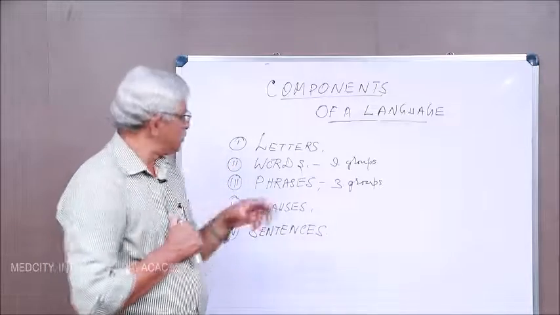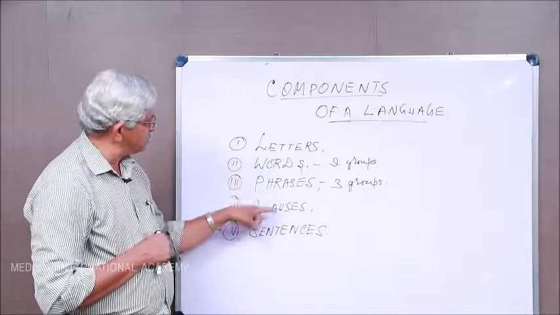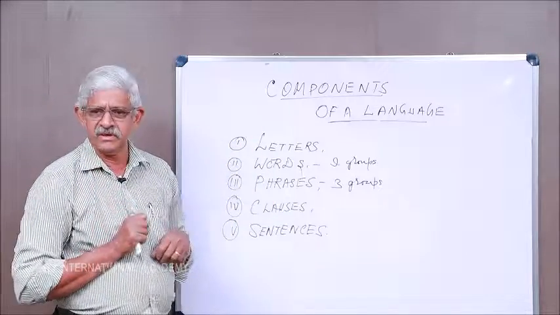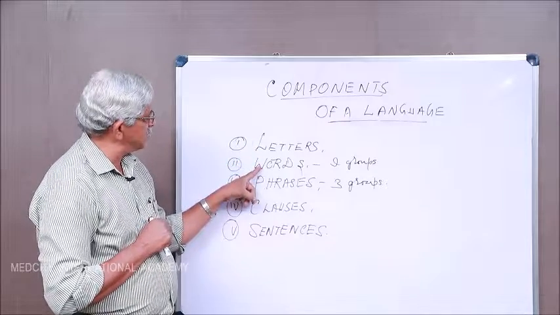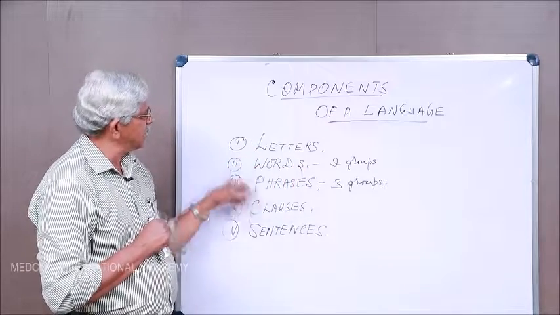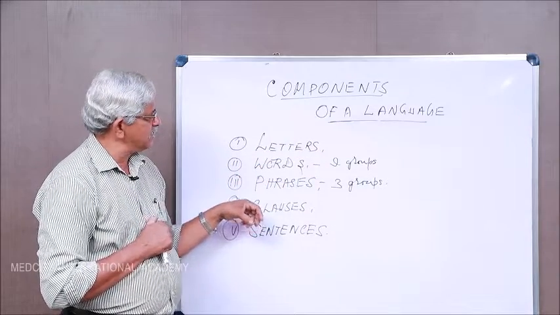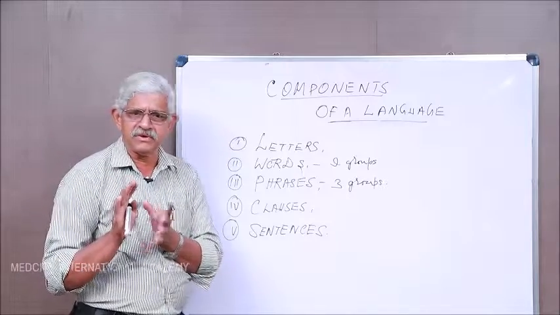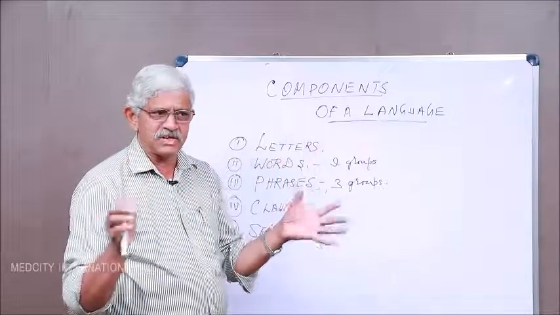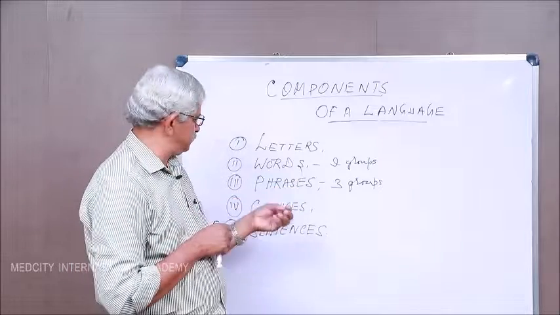No? So, I think you have understood the four components of a language. The first one letters, second one words, a group of letters, 9 groups are there. Third one phrases, a group of words without a subject and verb which functions as a part of a sentence, not giving complete meaning.